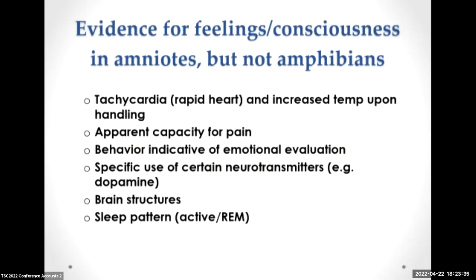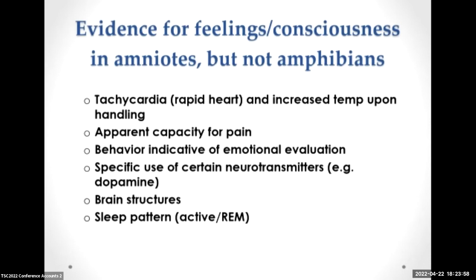So I kind of tried to say that consciousness is only present in vertebrates, and then the next question is which vertebrates can have consciousness. We can recognize signs of having feelings in reptiles and birds and mammals, but not in amphibians.